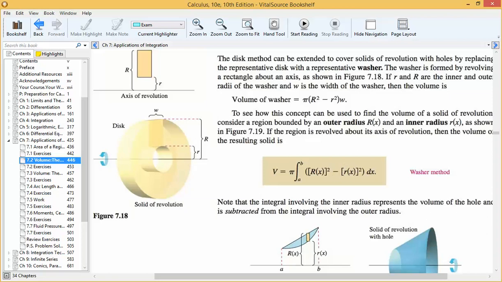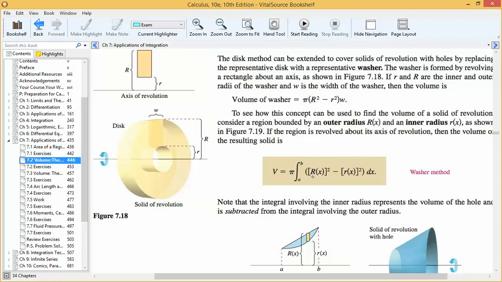If you think about it, capital R of x is the radius of the solid disk, and then lowercase r of x, that's like your inner radius. That's the radius of the missing part. If you subtract that missing part out, then you would just have the volume of the entire disk. And I may have said area, but I'm talking about volume. Okay?